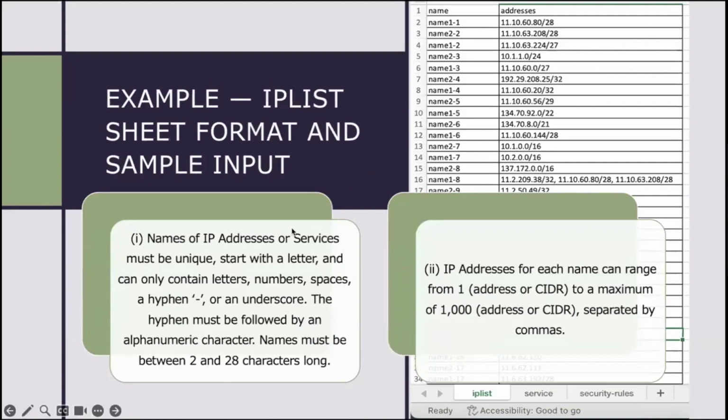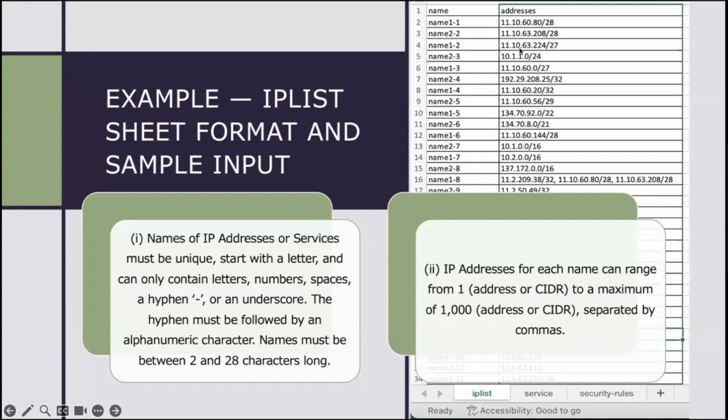The names must be unique and should start with a letter, and can have numbers, hyphens, underscores, or even spaces for that matter. You can have spaces in the names, but it can't be more than 2 to 28 characters long. So that's how you should name your address objects.